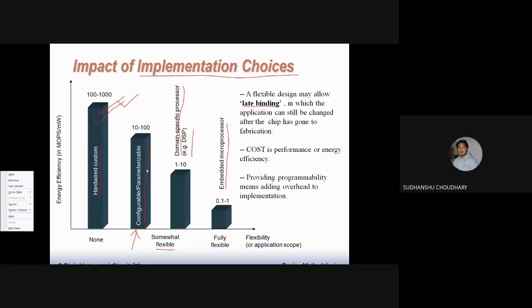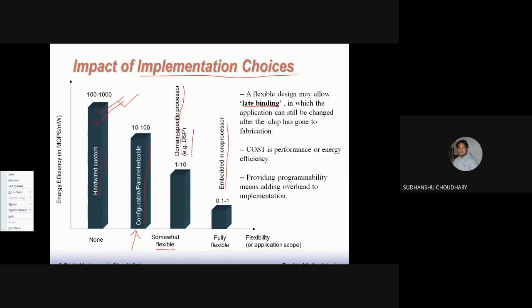So obviously to make the fan communicate with the remote, you need some extra chip inside the fan. That chip will also consume some power, right? So obviously the energy consumed is more in flexible designs because of more components being involved to implement that flexibility, right? So that is actually the cost in building a flexible system or programmable system.